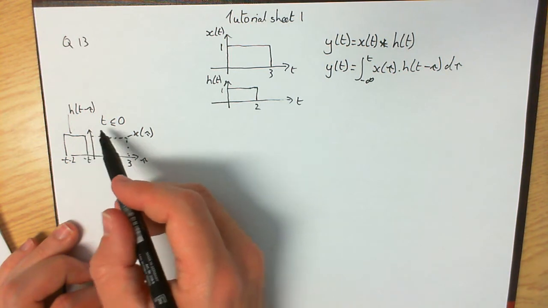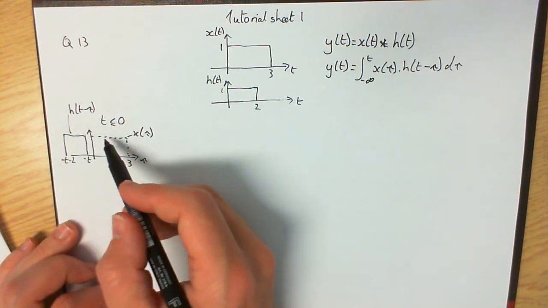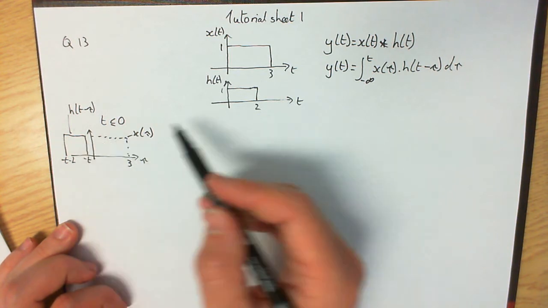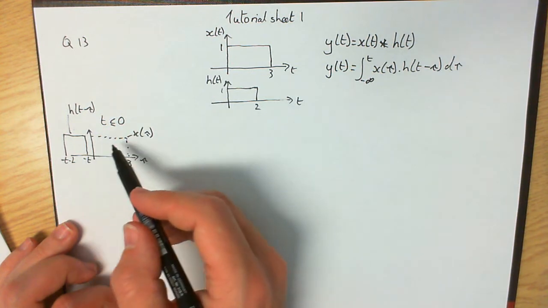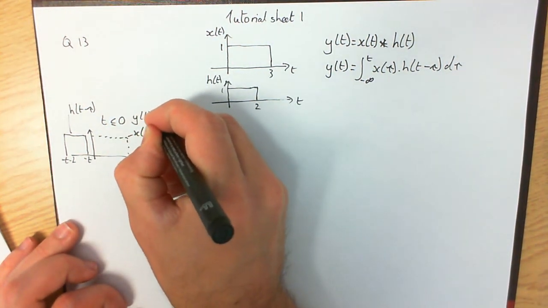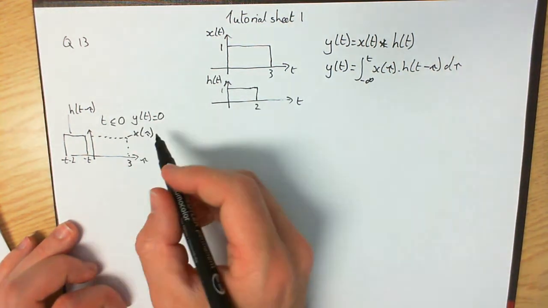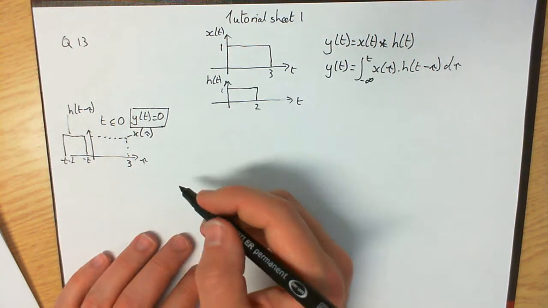And there is no region from minus infinity to plus infinity where these two functions overlap. So the product is always going to be 0 from minus infinity to plus infinity. So in this case, y of t is equal to 0 for this region. So that's our first important piece of information that we have.